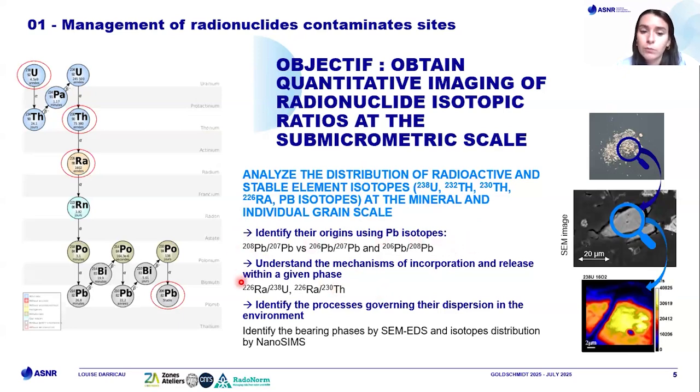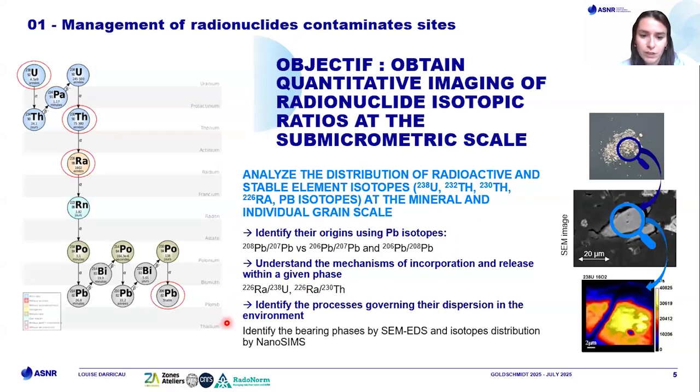We also wanted to understand the mechanism of incorporation and release of some radionuclides within a given phase. For this, we wanted to look at the radium and uranium ratio, as well as the radium and thorium ratio.